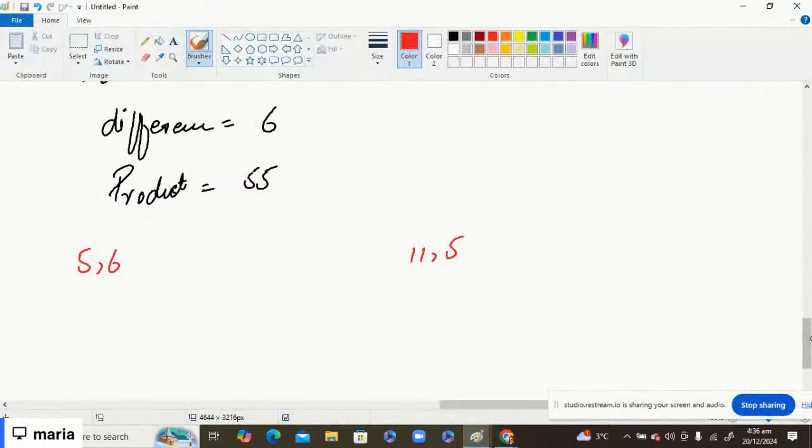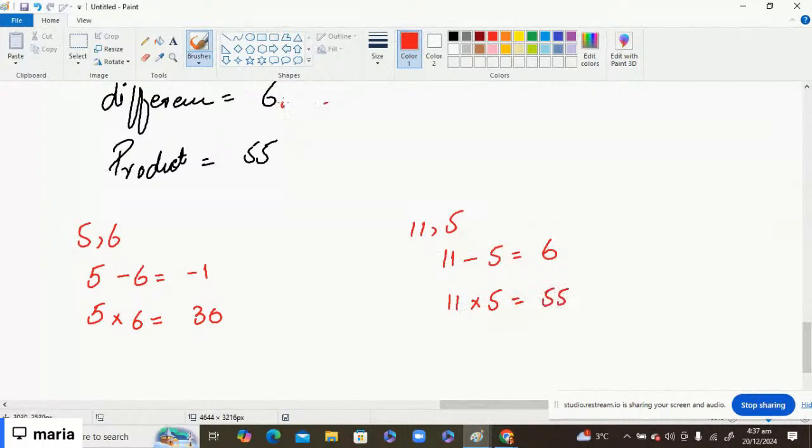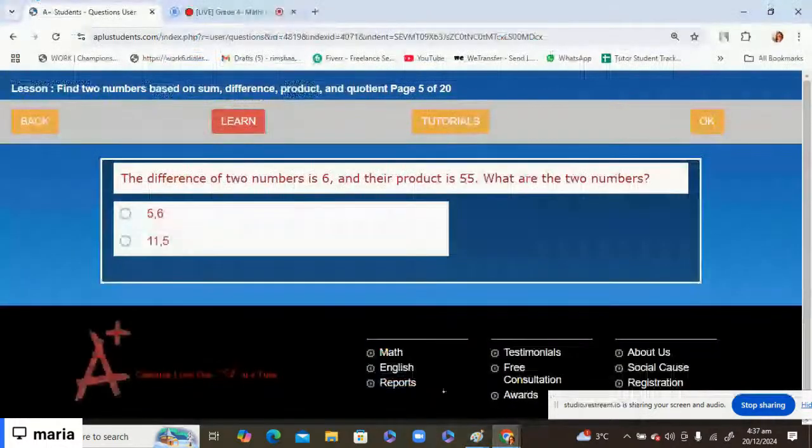So for 5 and 6, it's 5 minus 6, that is difference. It's minus 1. 5 times 6, that is 30. Both are not the same. Move to the next. 11 minus 5, which is 6. 11 times 5, which is 55. See the result in which both are the same, 6 and 55. That is 11 and 5.